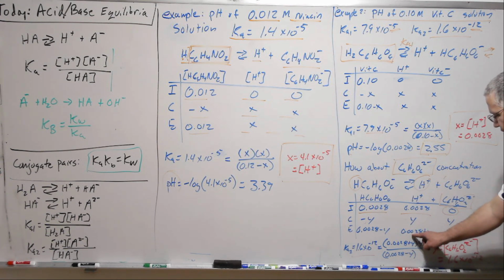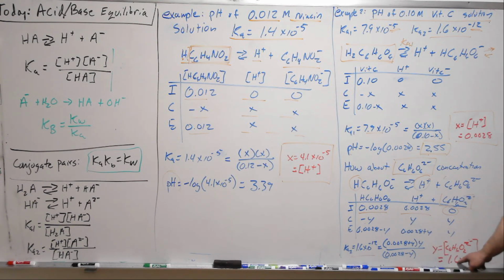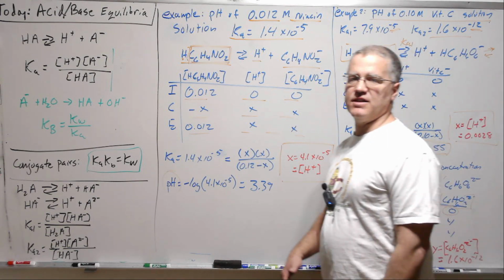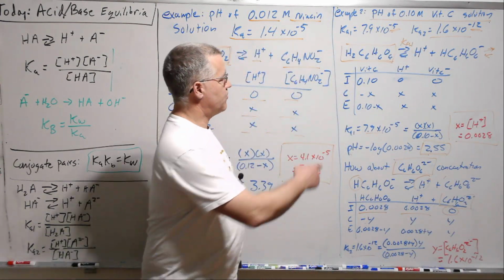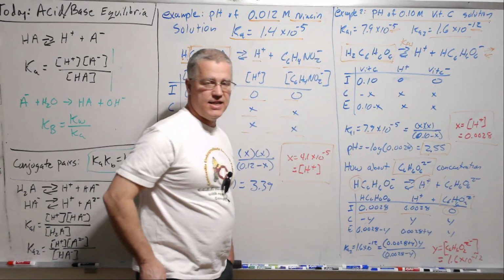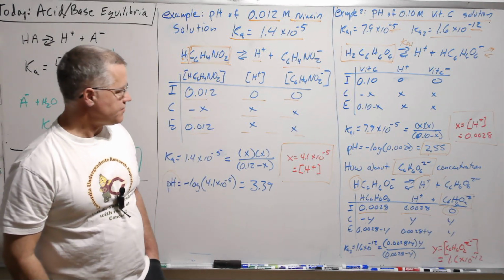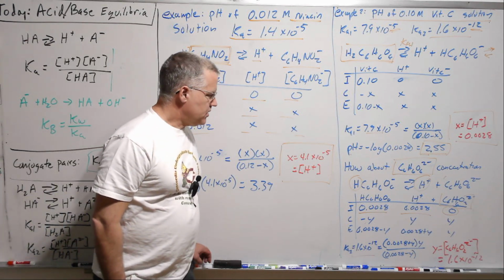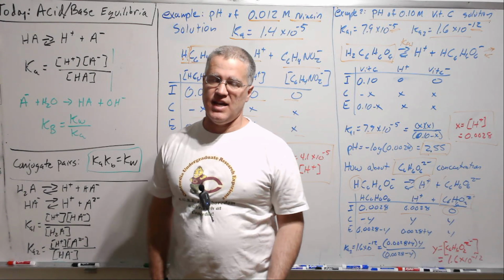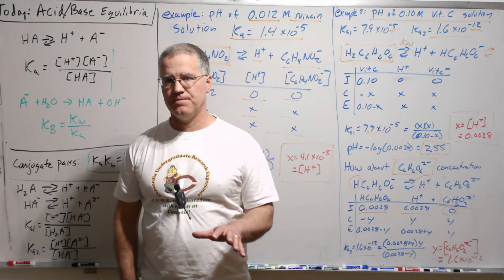Notice 0.028 plus 1.6 times 10 to the minus 12, so completely insignificant. And so, to a good approximation, the pH is exactly that. Okay, so this is dissociation of acid into solution.